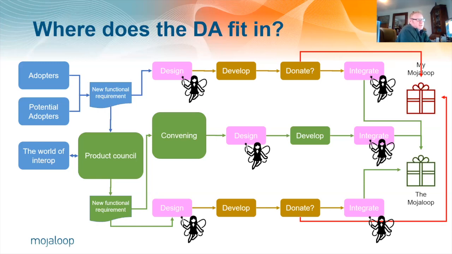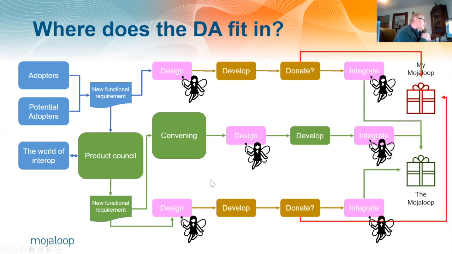So at the point of integration, where we consider bringing those changes back into the master branches of the core product that's there for anybody to come and use, the design authority has a role to ease those back into the wider system in that coherent way, to make sure that we don't bring in new components or new architectures that are fundamentally in conflict with those core principles as set by the TGB.